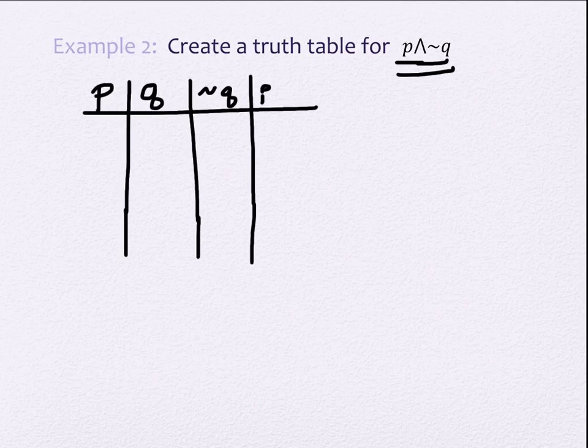So I've got P and tilde Q. So even if you add components, the first two columns are still always the same. Exactly. So don't skip columns. You need all of them, okay? So the first two columns are going to be true, true, false, false.